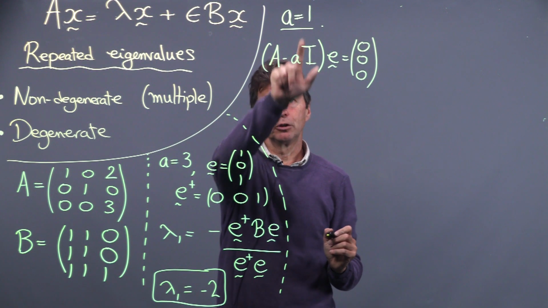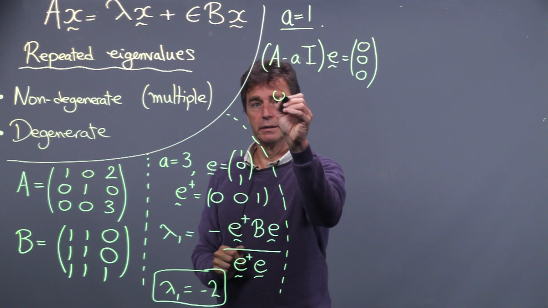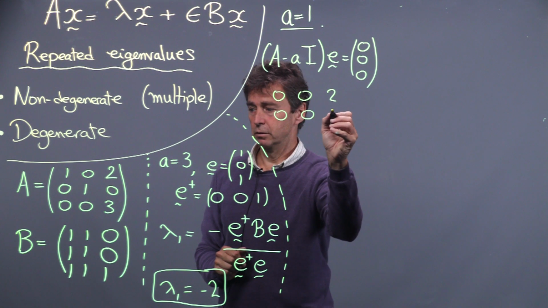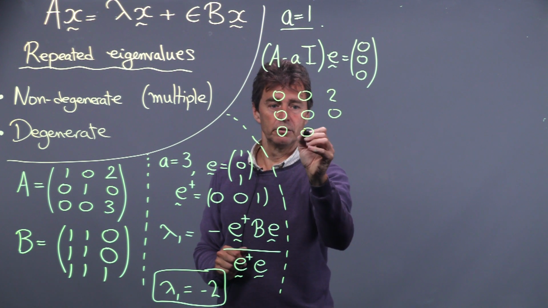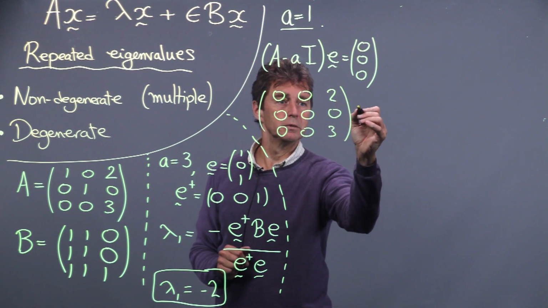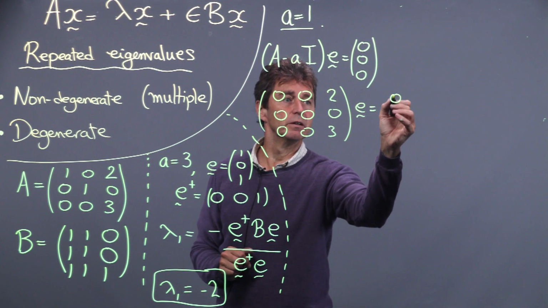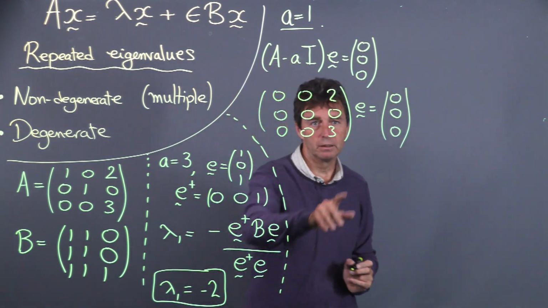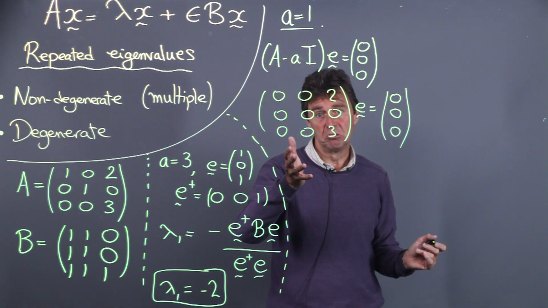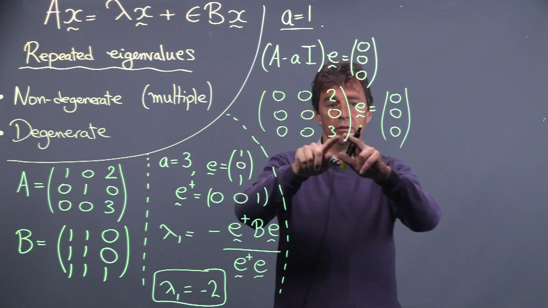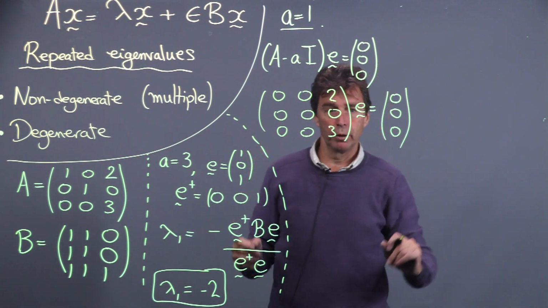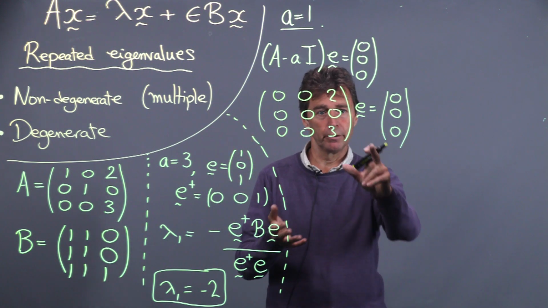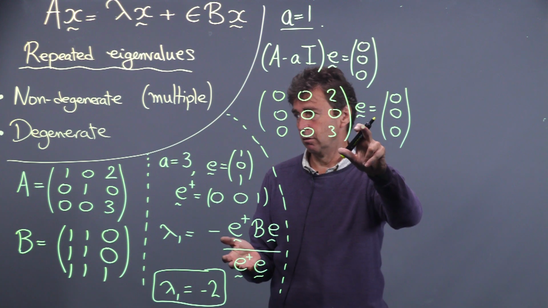If I just subtract 1 from the diagonal, I get 0, 0, 2, 0, 0, 0, and 0, 0, 3 times E is equal to 0, 0, 0. All right, so that's what I have to solve to get the eigenvector. Two of these equations just tell me that the third component has to vanish. The middle equation doesn't tell me anything, so the first 2 components of the vector here could be anything.